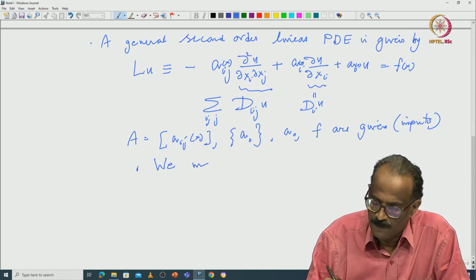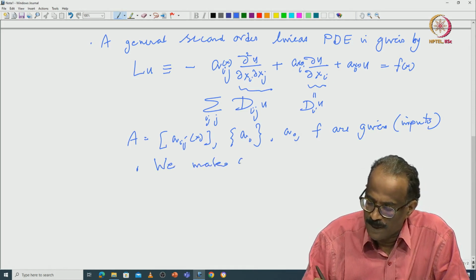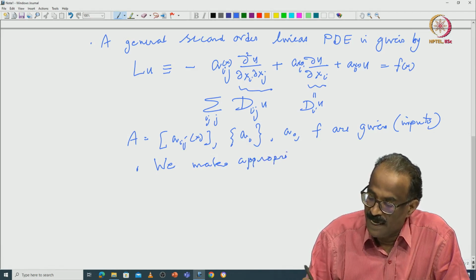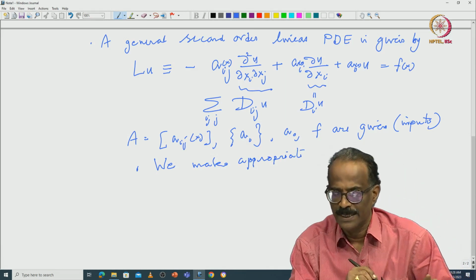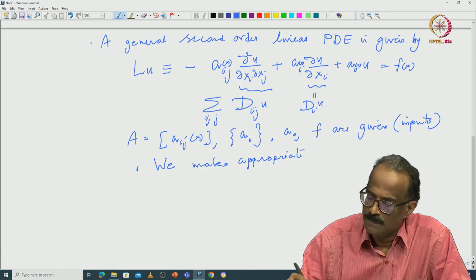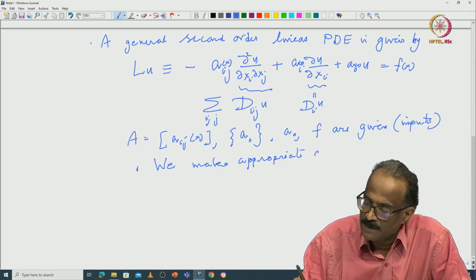We make appropriate assumptions. One of the assumptions is ellipticity, otherwise it is a very general second order linear equation.